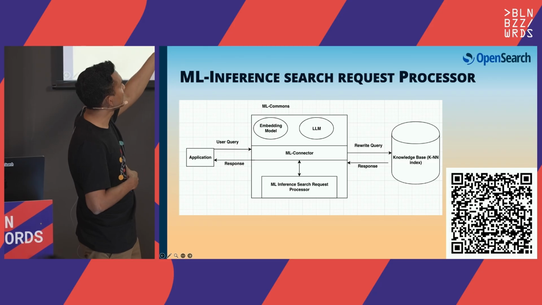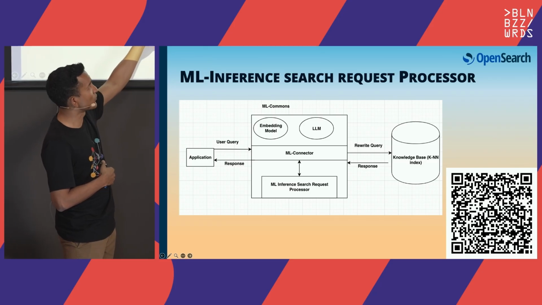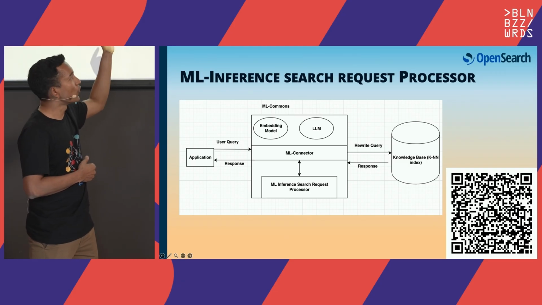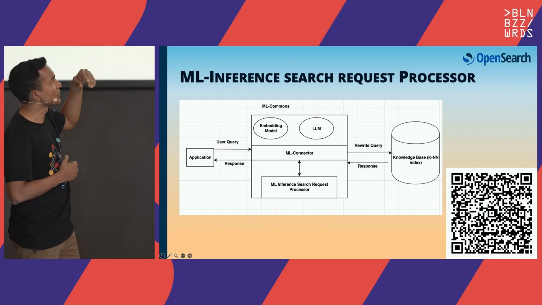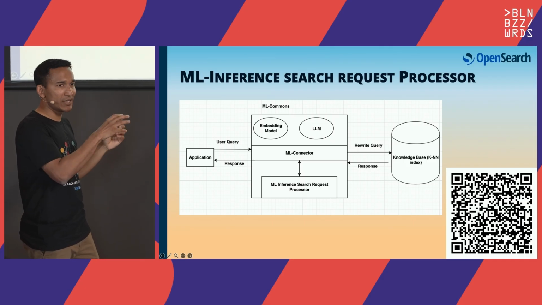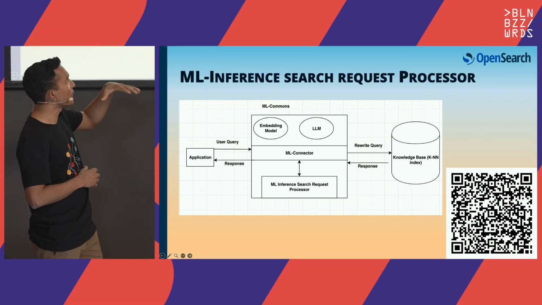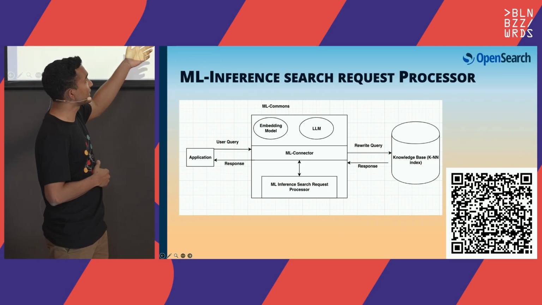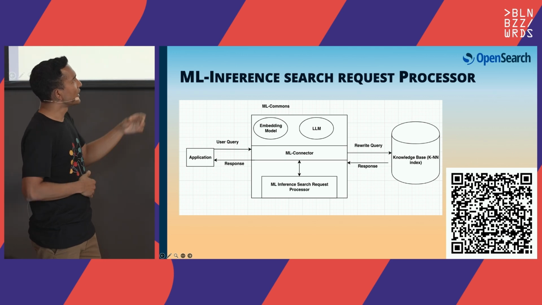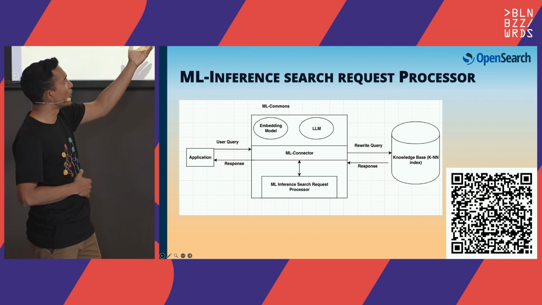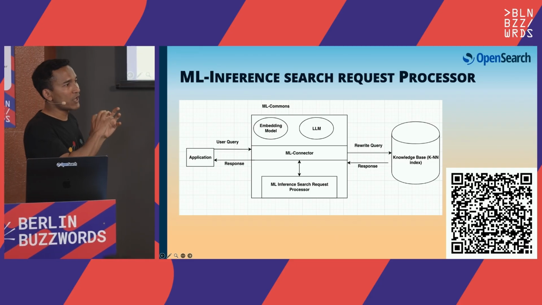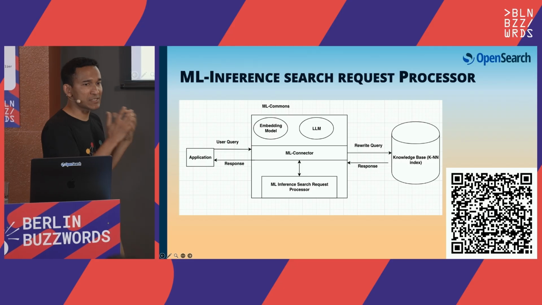After that, we have the ML inference search request processor, which rewrites the query before it goes to the knowledge base, because depending on the situation, you might need a different mapping. Those kinds of mappings and query rewrites we do in the search request processor, and send that to the KNN index or knowledge base, then get the output and forward it to the applications. So this is more about how we pre-process the search request.